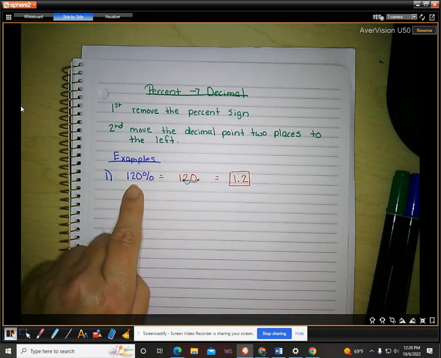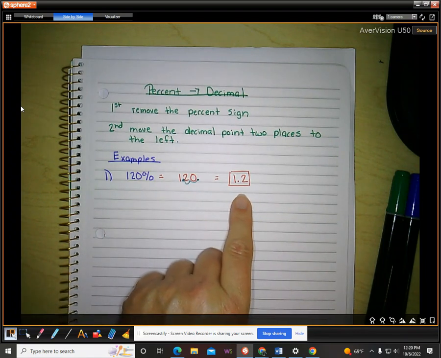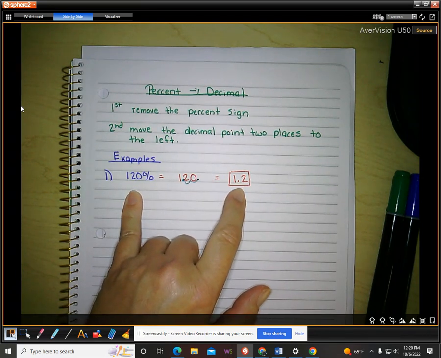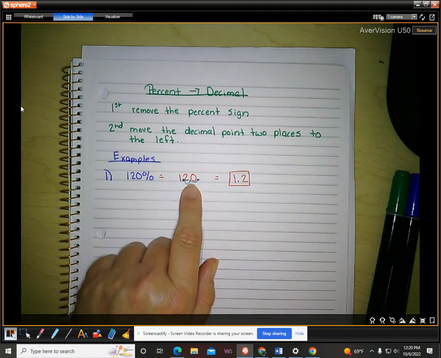So when you change your percent to a decimal, if the percent is more than 100, your decimal is going to be more than 1. And like I said, eventually you'll be able to go from here to here and skip that middle step. Like you'll be able to visually do that in your mind. Like, okay, the decimal point's here. I'm going to move it back 2 places. This is what it is. But in the meantime, you can always write the decimal point and move it back 2 places.